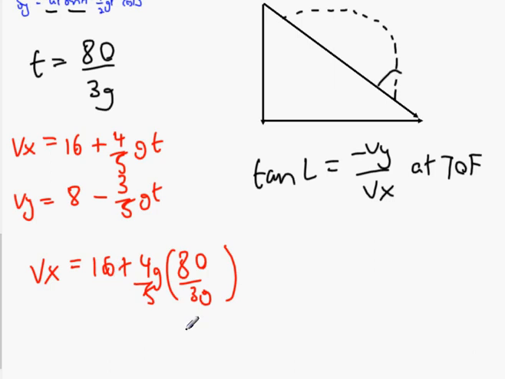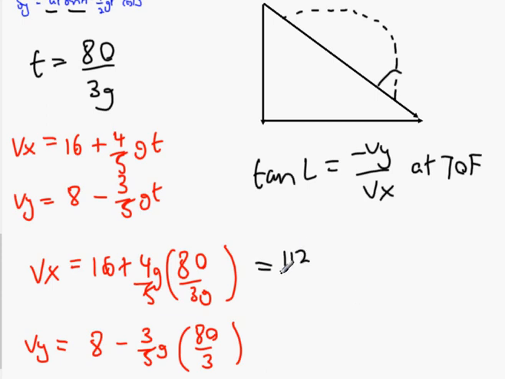While you're working on that, Vy is 8 minus 3/5 g times 80/3g. So which is the first one? 112/3? Perfect. The second one? I think it's going to be minus 8.